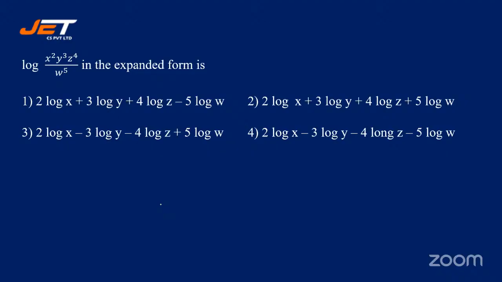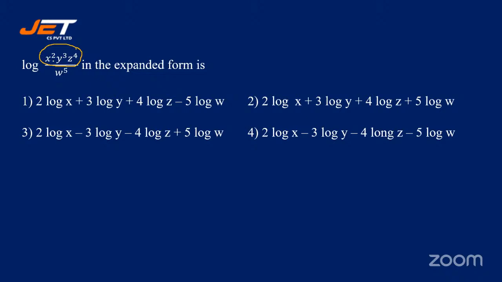Log x square y cube z power 4 by w to the power 5 in the expanded form is dash. First, it's very simple, hardly takes a few seconds. When it comes to multiplication, it should be an addition. So log x square can be written as 2 log x.